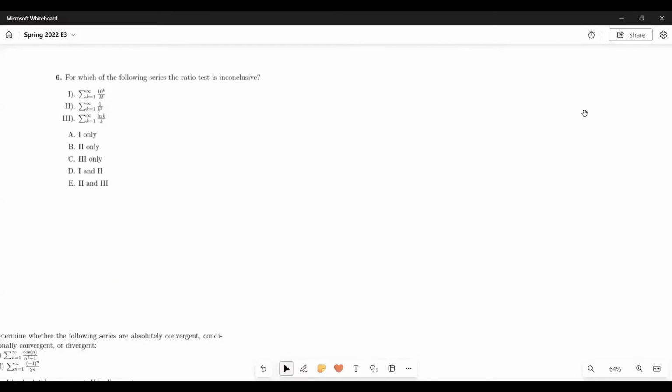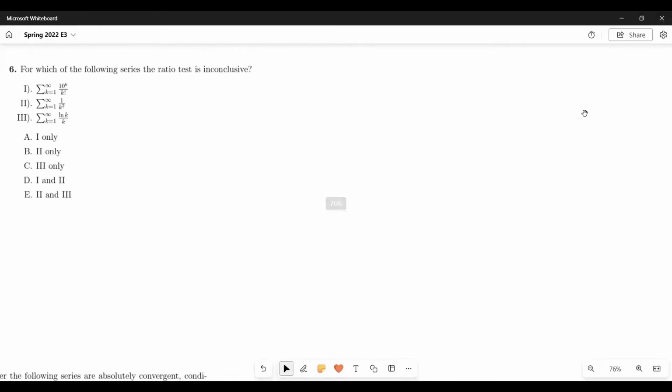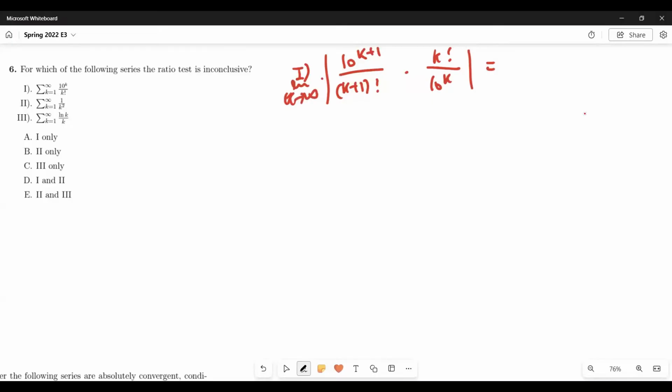Okay, this question asks for which of the following series the ratio test is inconclusive. So let's check the ratio test for all of those. So 10^(k+1) over (k+1) factorial, divided by the original, which means multiplying by the reciprocal. So I'm going to write it as 10^k and then k factorial right there, with the limit as k goes to infinity.